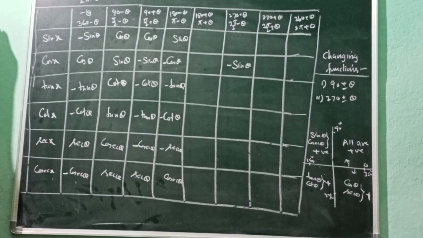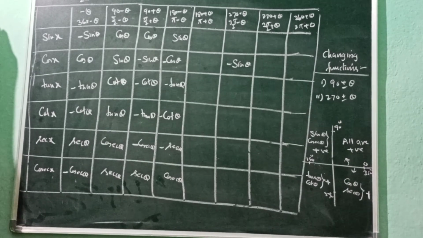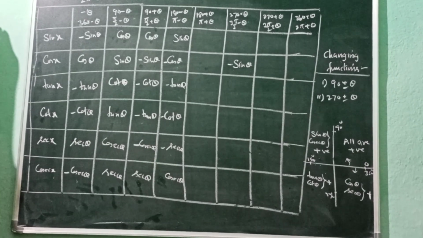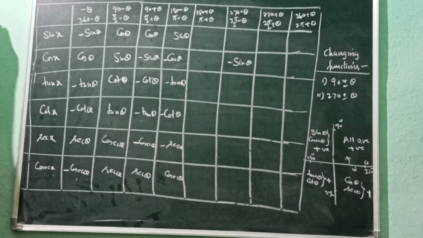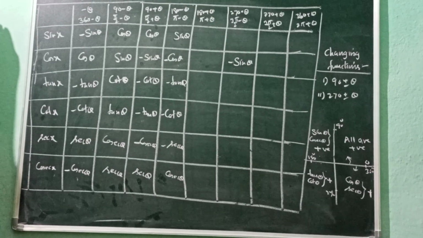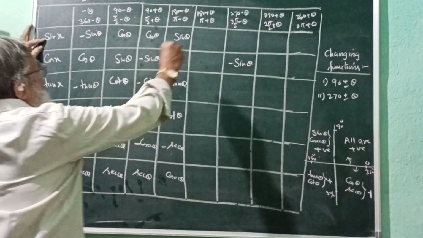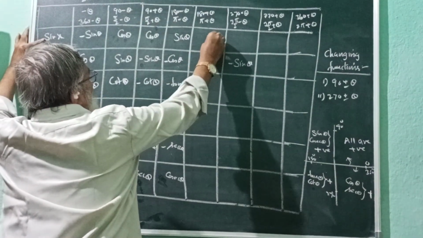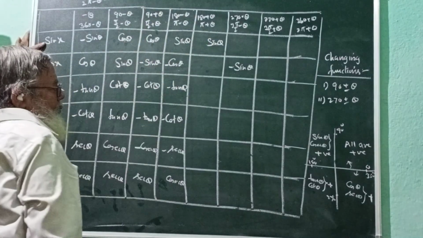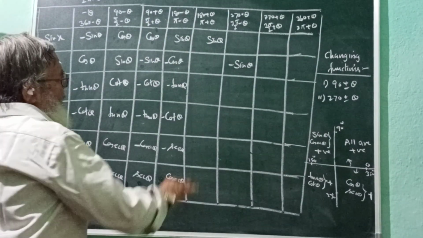Now 180 plus theta means it is not a changing angle. It is in the third quadrant. In the third quadrant, not a changing angle. Sine remains sine, but here it is a negative sign.